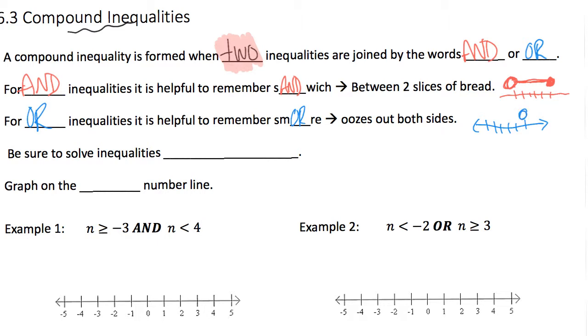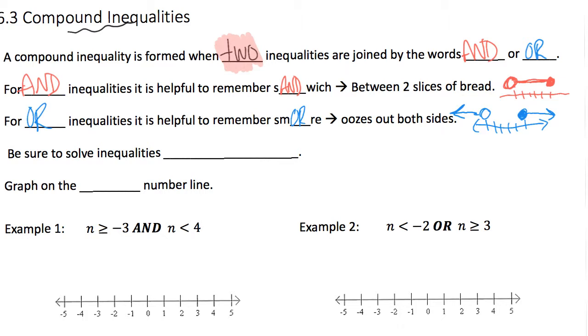So if we graph this with a closed and an open circle, they ooze out the side. So that's going to be helpful: for and, it's a sandwich, they come in towards each other, and for or, it's a s'more, they go out against each other.